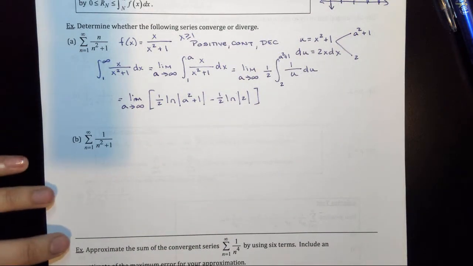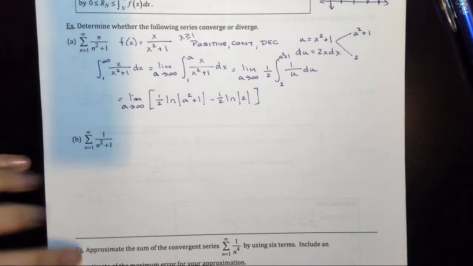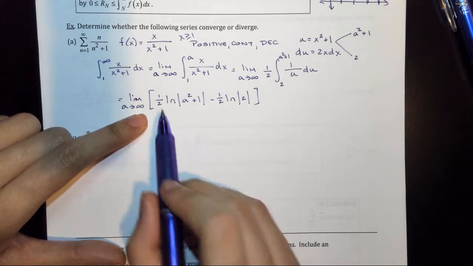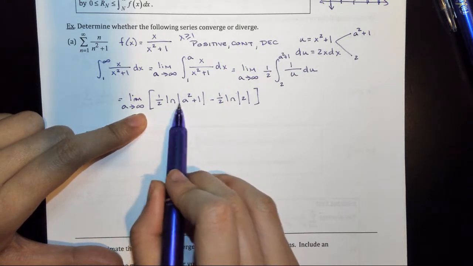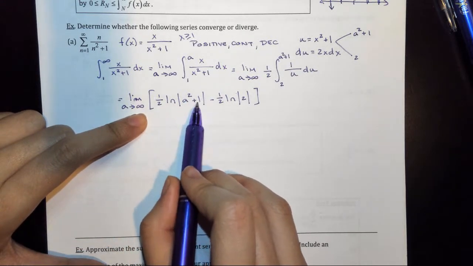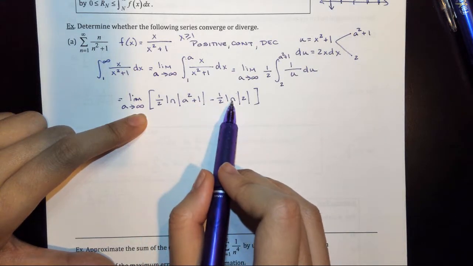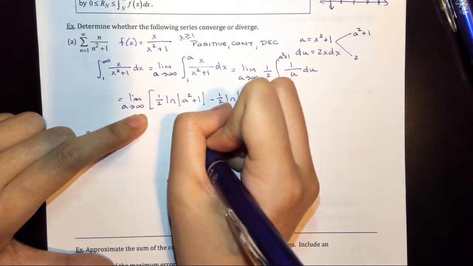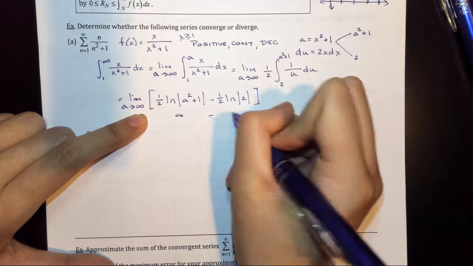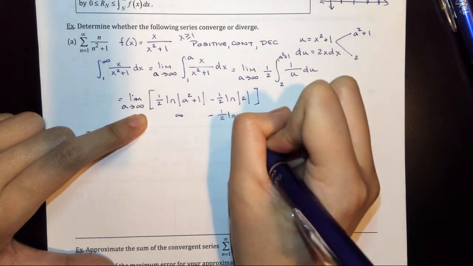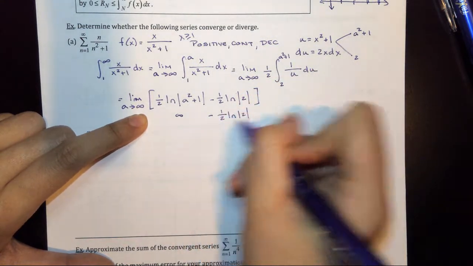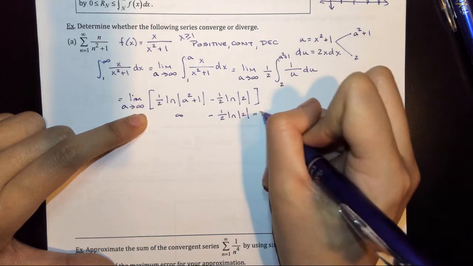Alright, and there's my integral evaluated, and when I plug in infinity, then I have 1/2 times natural log of infinity squared plus 1 minus natural log of 2. So this equals infinity minus 1/2 natural log of 2. Well, that is going to diverge.